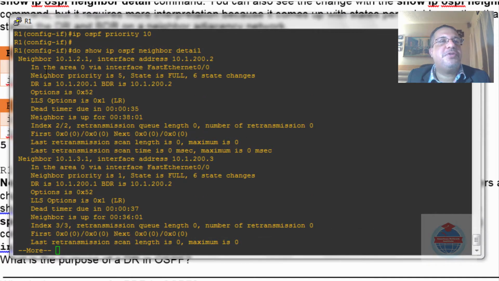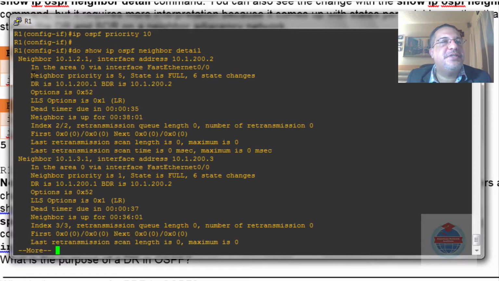Now we see over here a couple of changes. The priority that we already saw before and already mentioned to you, that was 1, changed to 5. The DR is located over here, and the BDR has changed as well.